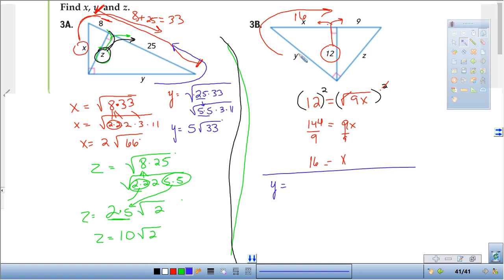Okay, so y is equal to the square root, geometric mean. Yes, Eileen, good job. Actually, no, Eileen. You know why? It's this side stuff. So you want to have 16. You're going to have 16 and 25.